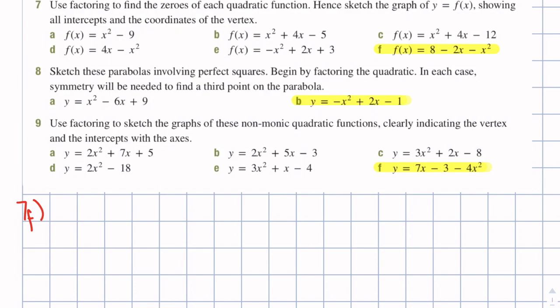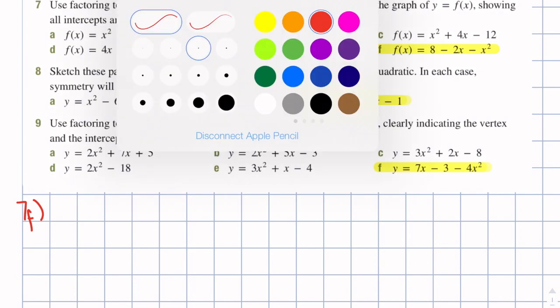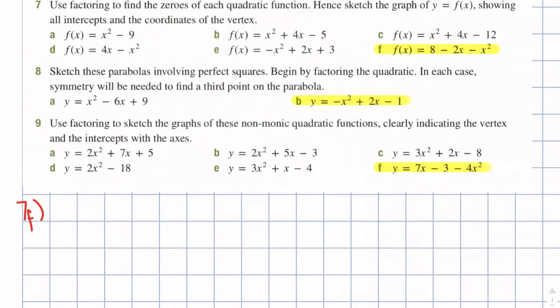It says use factorizing to find the zeros of each function, then sketch it. So the first step we're going to do is factorize. So what we've got is f of x, which is, y, equals 8 take 2x take x squared. I always prefer to have my x squared, then x, then 8, so that I can easily tell what's a, b, and c.